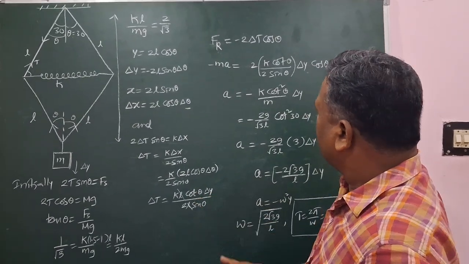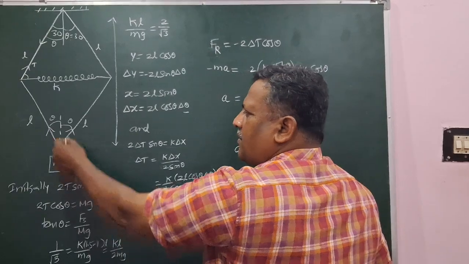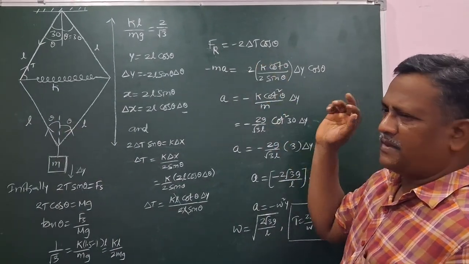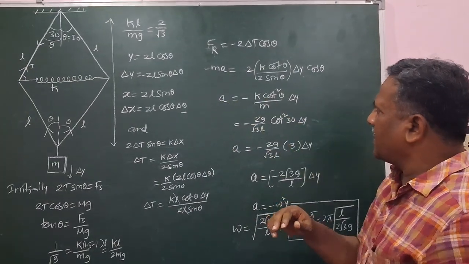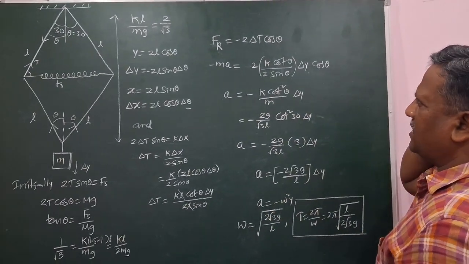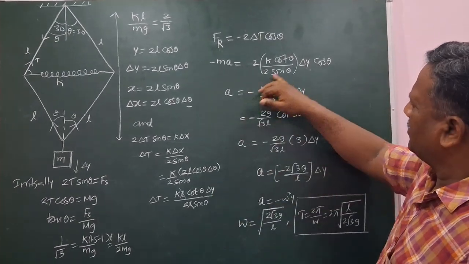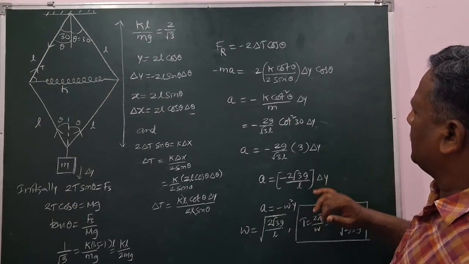And after simplification, when this block is displaced, there is a restoring force in the upward direction. That restoring force is minus 2 delta T cos theta. That is, restoring force is minus ma, and we can write it with delta T substituted, and cos theta once again.